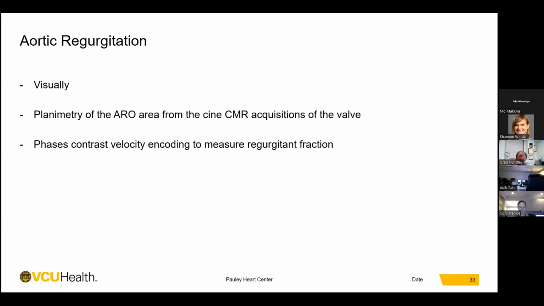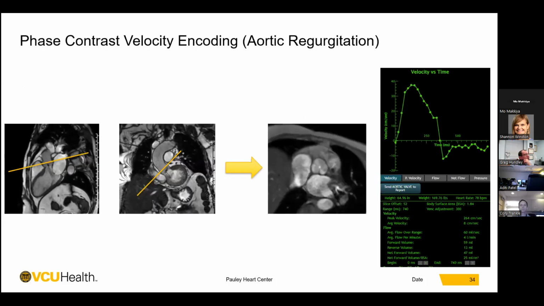And then the gold standard is the phase contrast, which is the major player here and the crux of MRI assessment for aortic regurgitation. As I mentioned before, we really try to build our imaging using two oblique planes, where we can place our image slice slightly above the aortic valve.